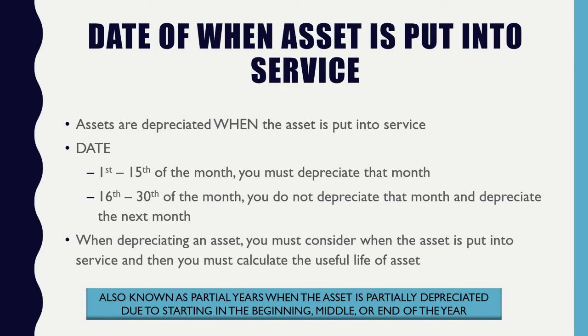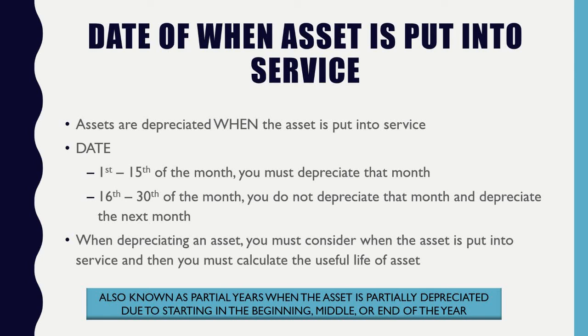So understand this. All right? If you've placed it into service anywhere between the 1st and the 15th, your assumption is you're already using it at least 50% of the time. Then you need to depreciate that month.